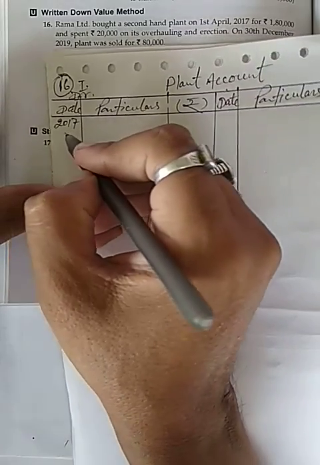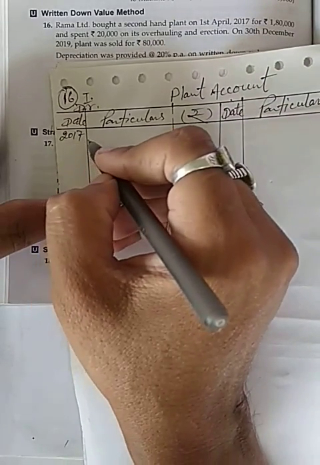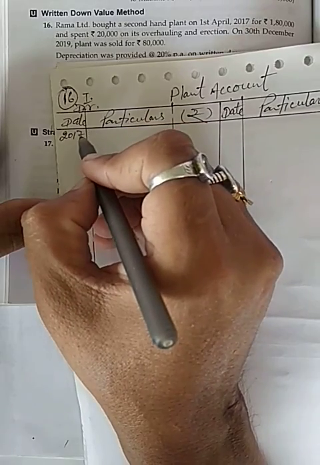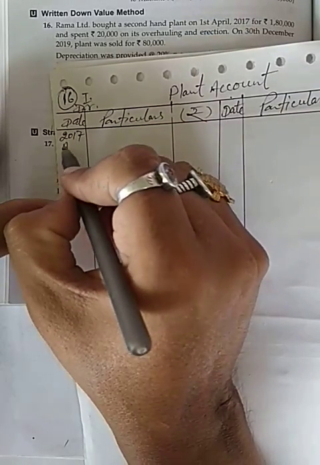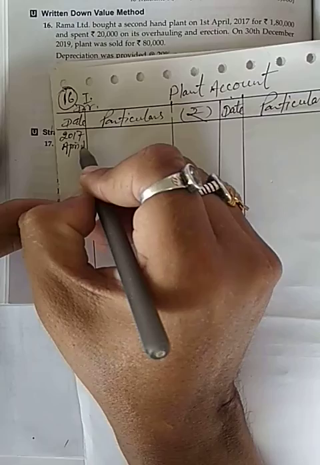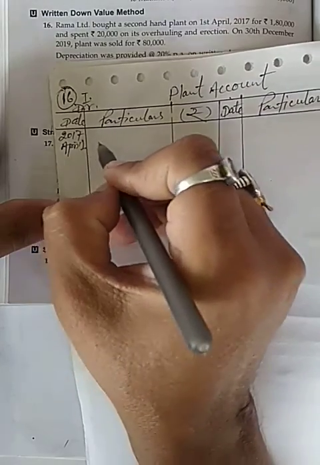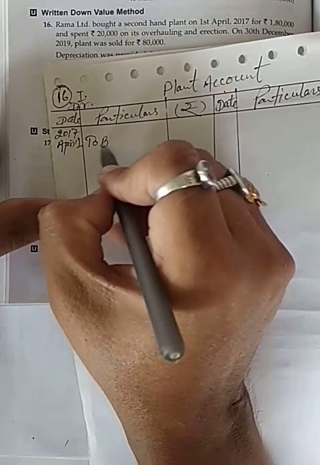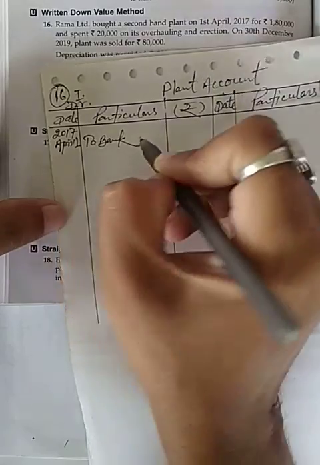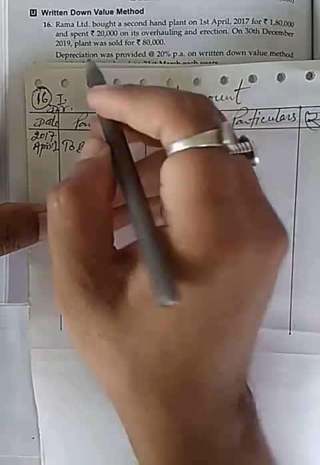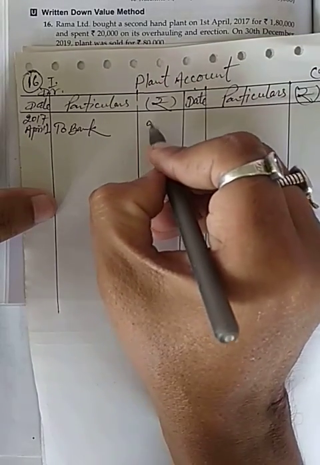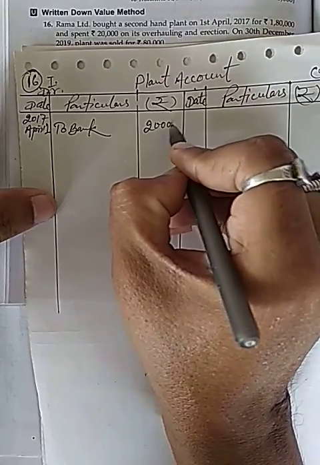Now we will put on 1st April 2017 to bank account, when we add 1,80,000 plus 20,000, it will make 2 lakh.